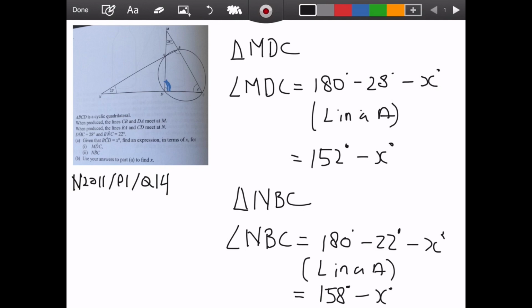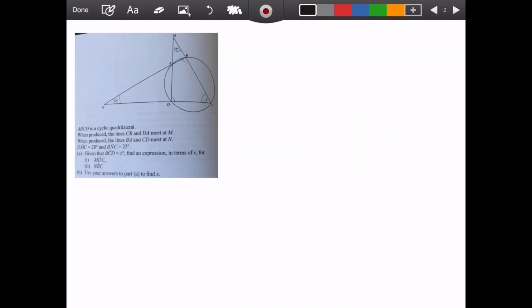Now part B says use your answer to part A to find what is x. Okay, so let's just move to the next page. So angle MDC is 152 minus x, right?